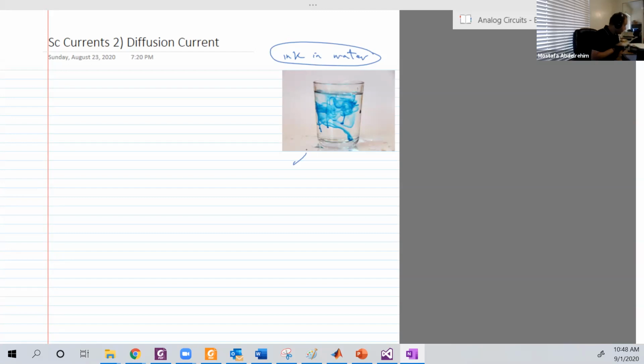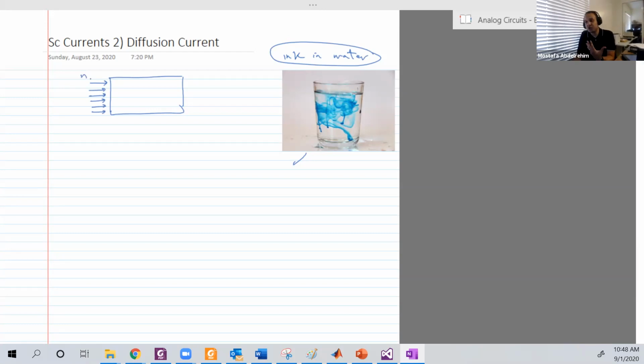So if you have a piece of silicon, and you inject, for example, electrons somewhere, somehow.